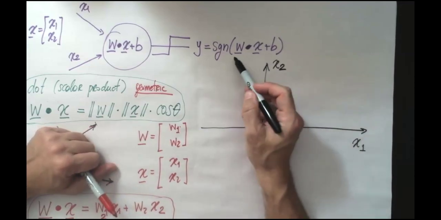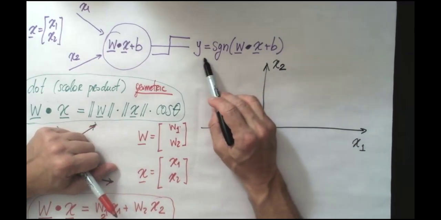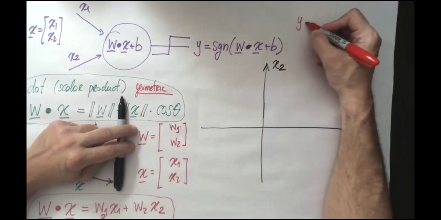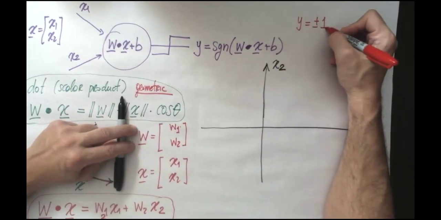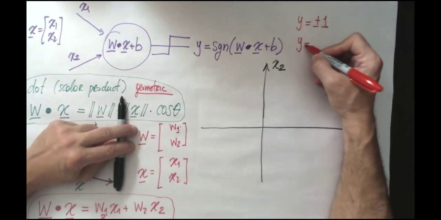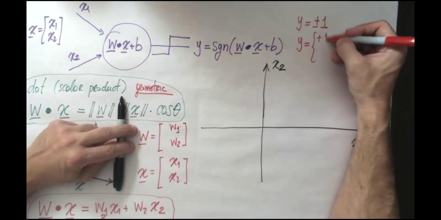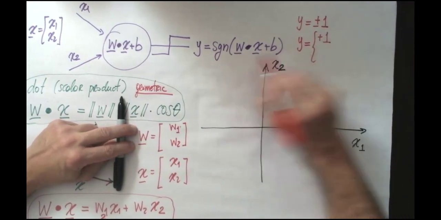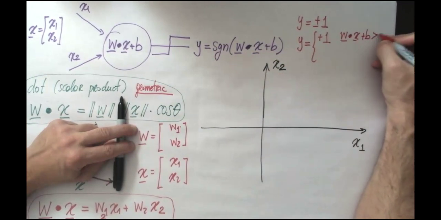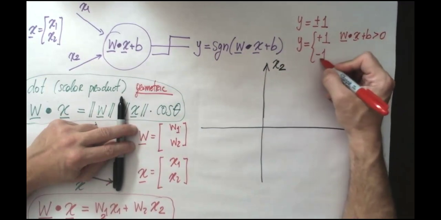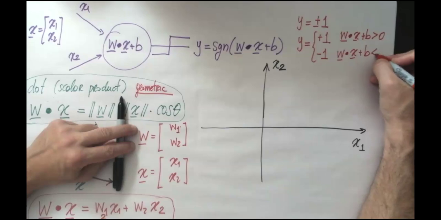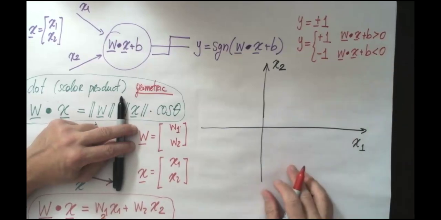And as you can see, remember that the output y can only be plus or minus 1. In particular, y is equal to plus 1 if w dot x plus b is greater than 0, and equal to minus 1 if we have the other, negative sign.